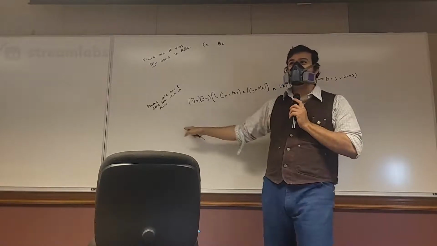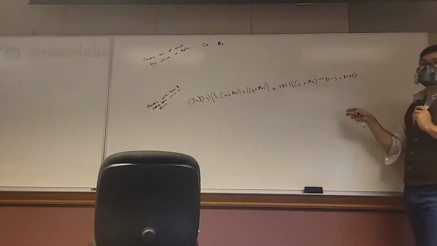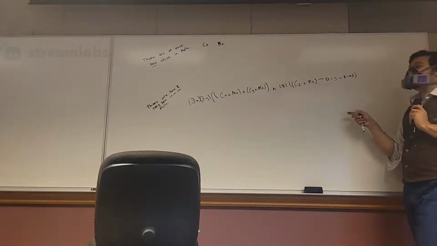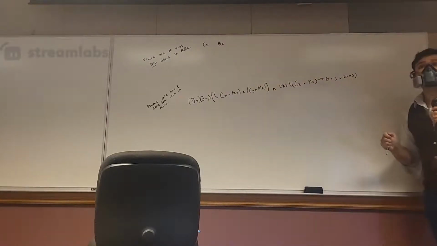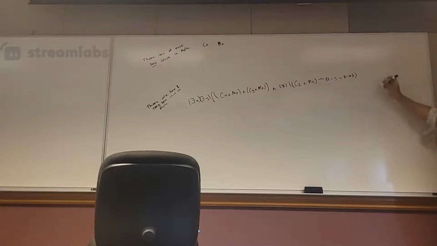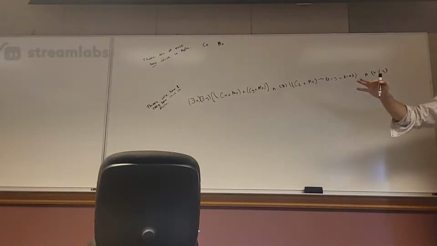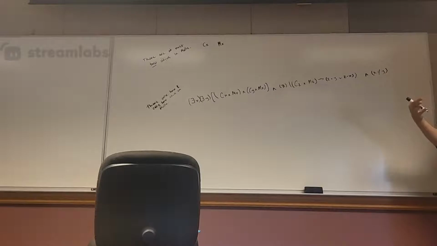How can I narrow it down further to say that these 2 are distinct? X does not equal Y. Just add that on. Now I've got a big string. So I might want to rewrite this to organize it a little better.